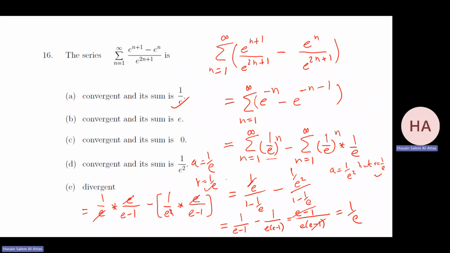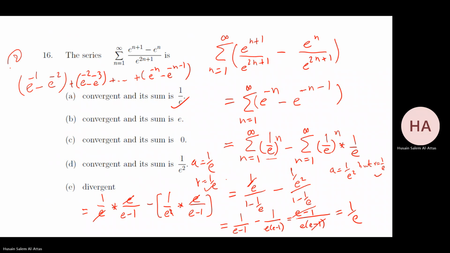I think also you can think of it as telescopic. Yeah, because it will be e to the minus 1 minus e to the minus 2 plus e to the minus 2 minus e to the minus 3, and so on, until you reach this.